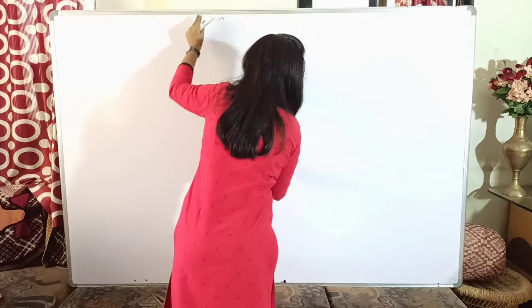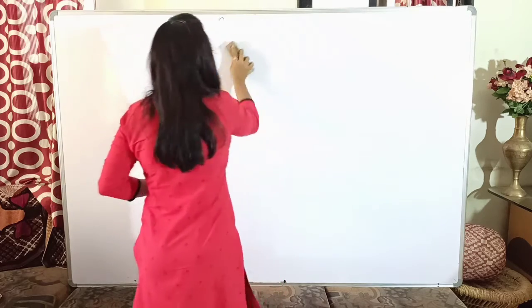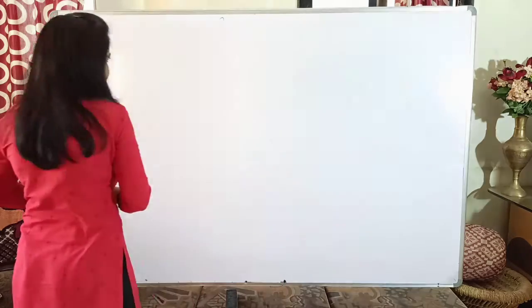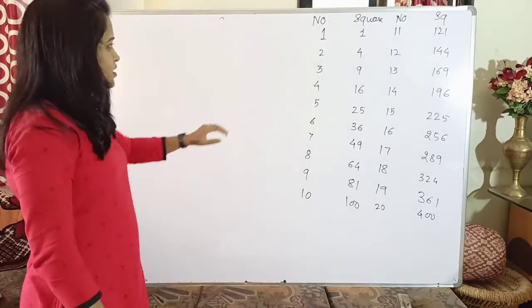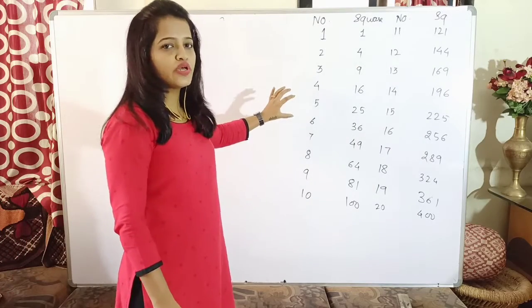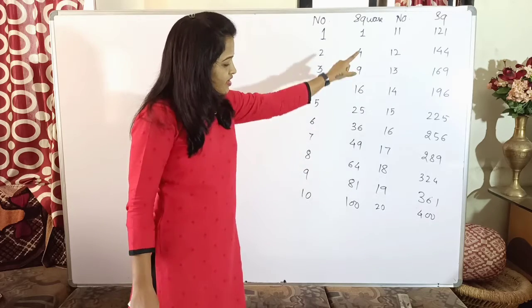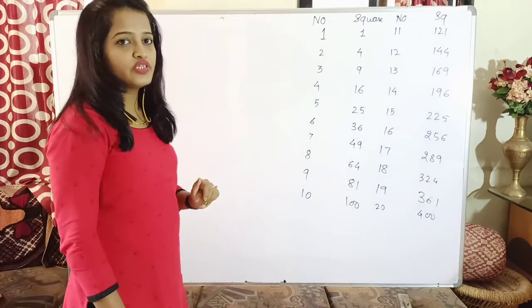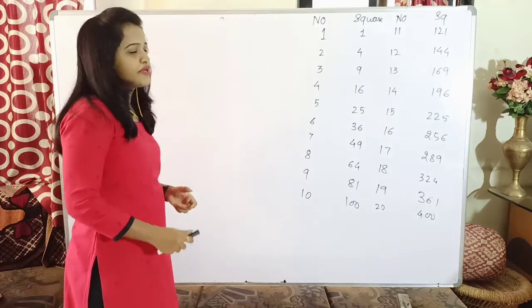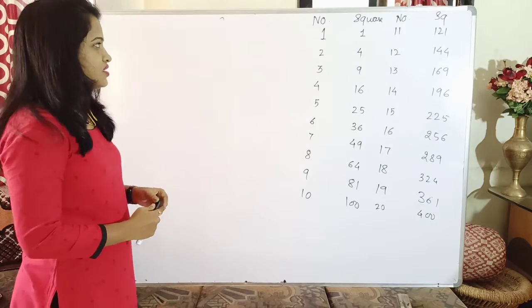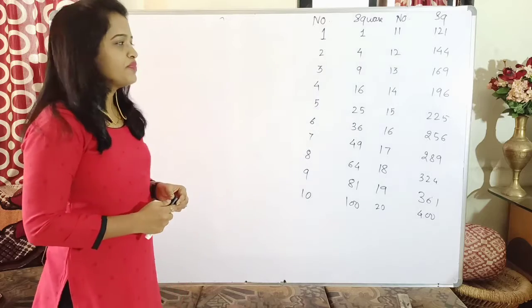Before proceeding to that, let us write down the squares of certain numbers. Here I have written the squares of numbers from 1 to 10 and 11 to 20. Now we are going to see one property with respect to such squares. From this we will be generalizing the property for the numbers.